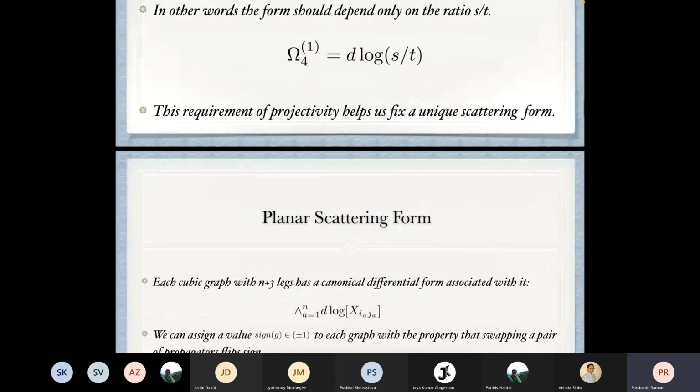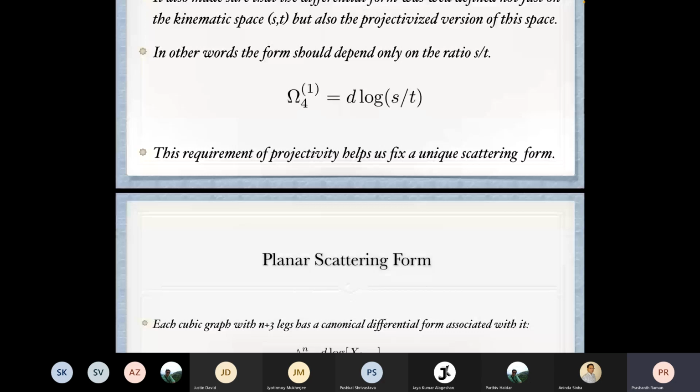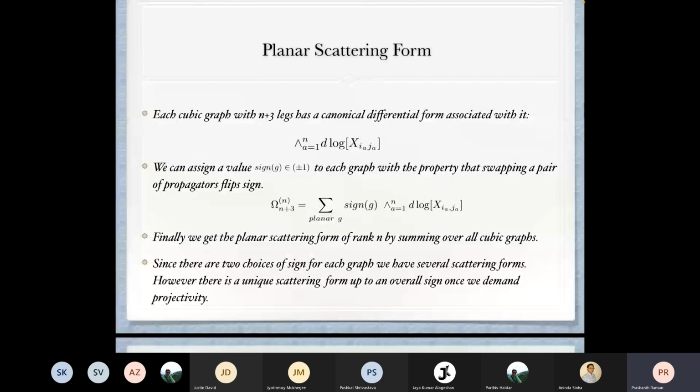So this requirement of projectivity helps us fix a unique scattering. That's the claim. Let's see how that comes about. We can generalize to n+3 particles, because n+3 particles have n propagators in your graphs. You can write down a differential form for each such graph by promoting the propagators to d log of propagators and taking a wedge product.